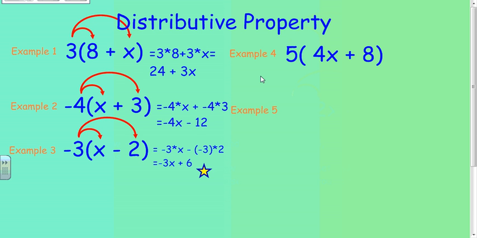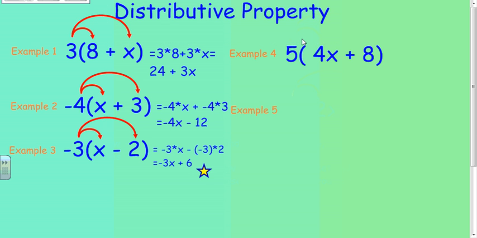Here's another example where it's not just plain x inside the parentheses, you've also got a number in front of the x. So we have 5 outside to distribute, and we'll multiply 5 times the 4x and 5 times the 8.